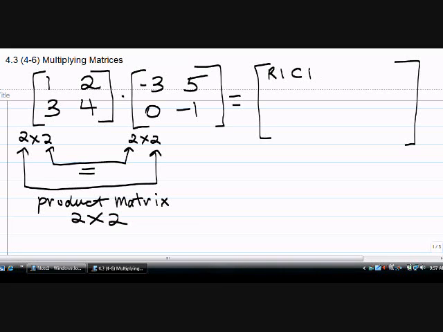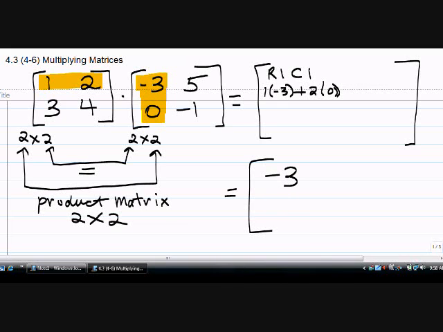Okay, so I go back to row 1 of the first matrix and column 1 of the second matrix, and I do a special multiplication and summing. I do 1 times -3 plus 2 times 0. You've already got this figured out. I love it. Okay, so that is 1 times -3 plus 0. That's -3.